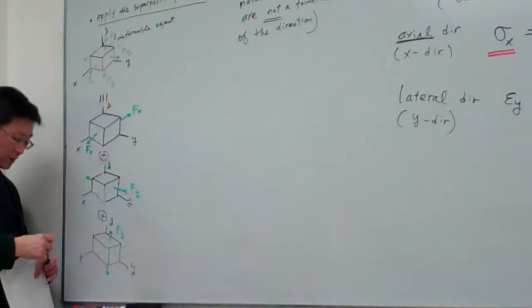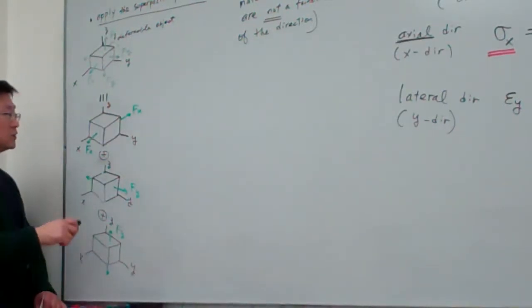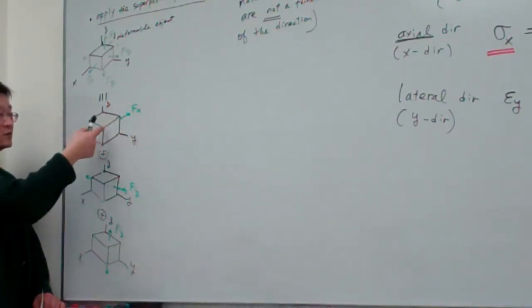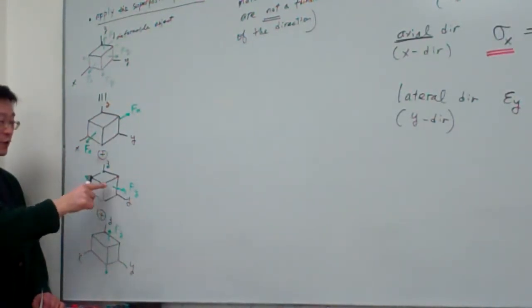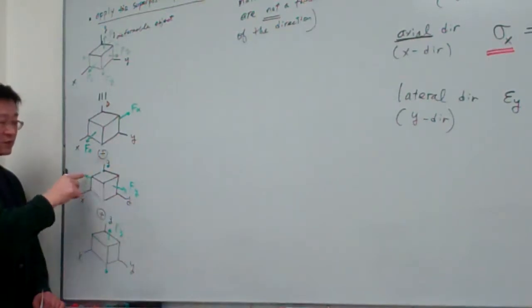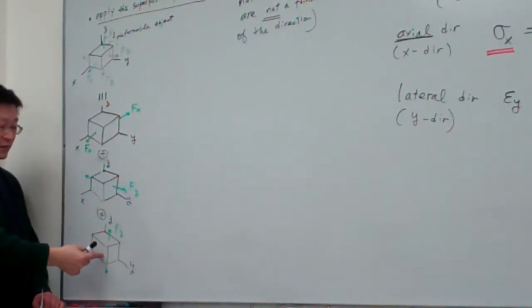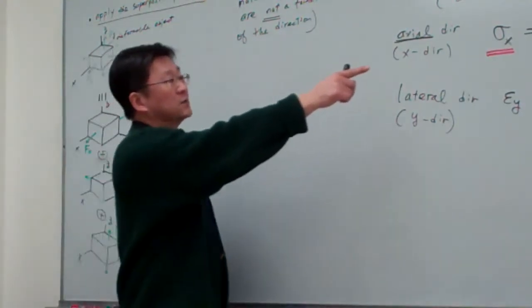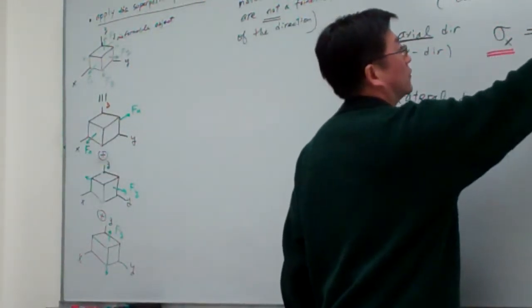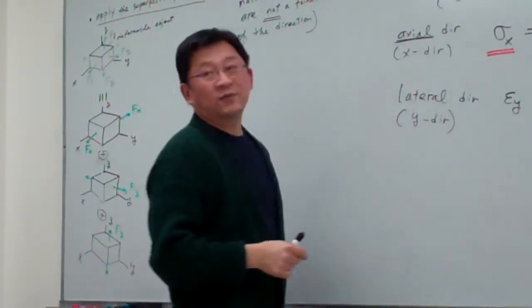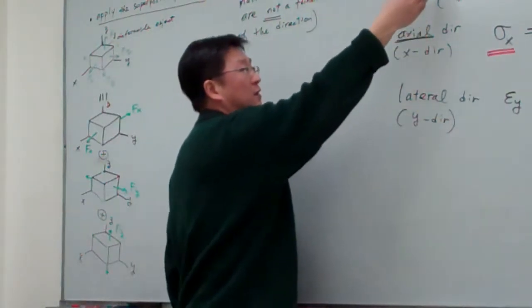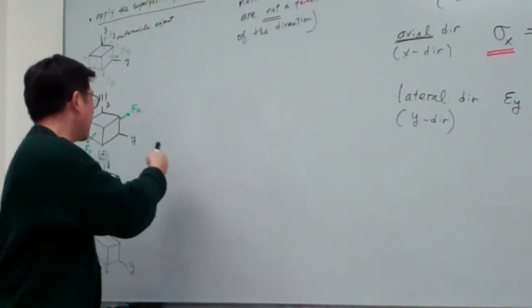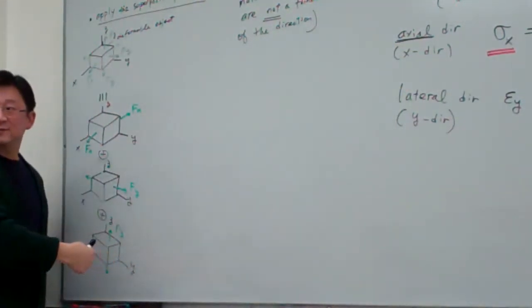Okay, and then in this way, for this case, the axial loading is defined in the x direction. For this case, the axial direction is the y direction. For this case, the axial direction is the z direction. Per our definition here, I say that the axial direction is the direction where the loading is applied. Okay, so right now I simply want to apply this kind of simple scenario to individual cases.